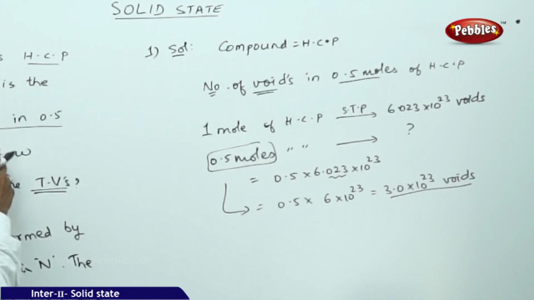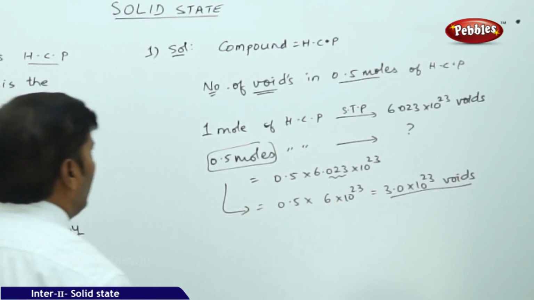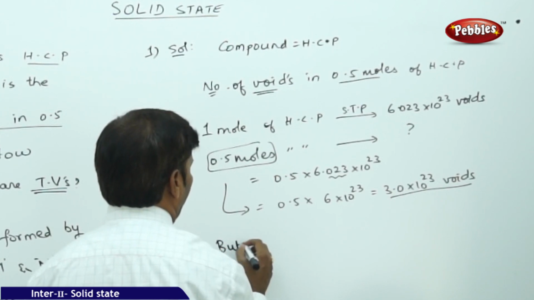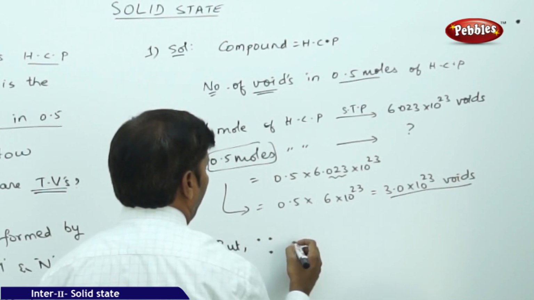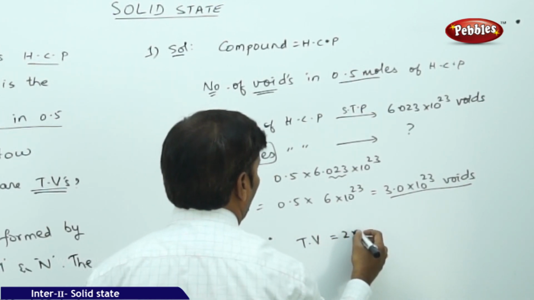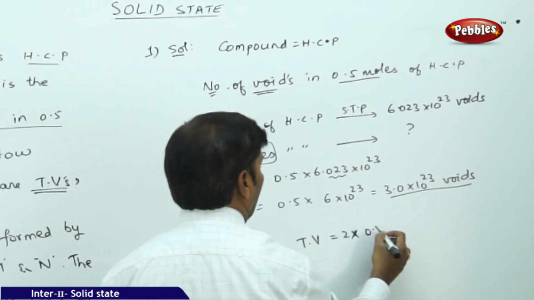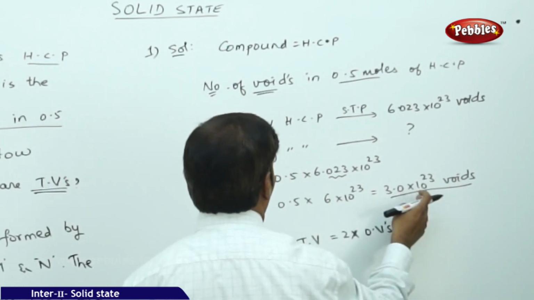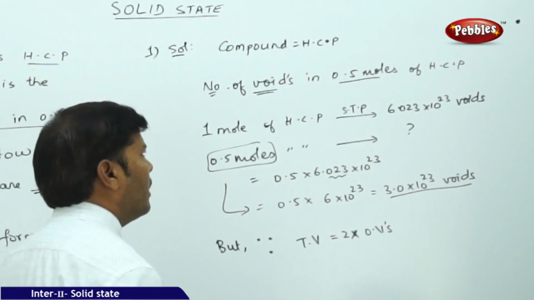Now we are asked how many of these are tetrahedral voids. But you know very well that the number of tetrahedral voids is always equal to 2 into the number of octahedral voids. So whatever number of voids we got is because of the octahedral voids only.